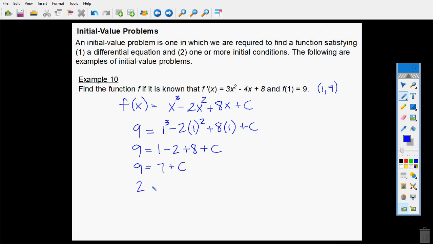Subtract 7 from both sides, and I get that c is 2. So I know that not my derivative, sorry, my original function actually started out as x cubed minus 2x squared plus 8x plus 2. Our initial value, something that we are starting with, we know that our original function goes through (1, 9).